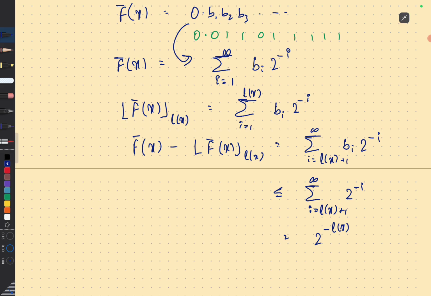So the first 5 bits in the binary representation.